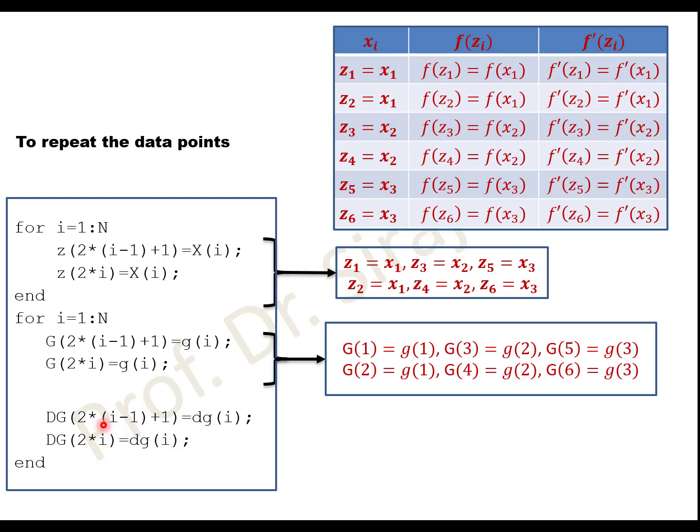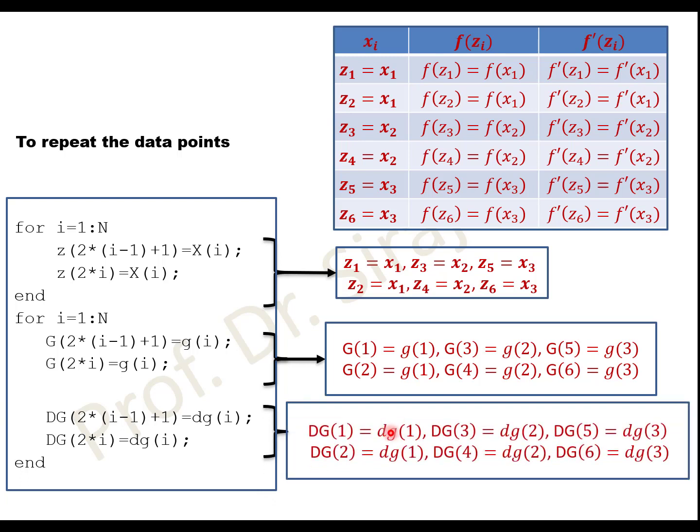Now let's come to this portion. In this case, the same argument. I is equal to 1, so capital D G of 1 is equal to small d G of 1, which is here. And small d G of 1 is equal to f prime at x is equal to x1. Similarly, I is equal to 2, capital D G of 3 is equal to small d G of 2.